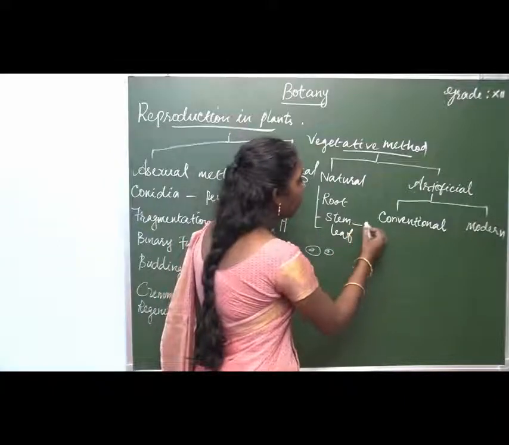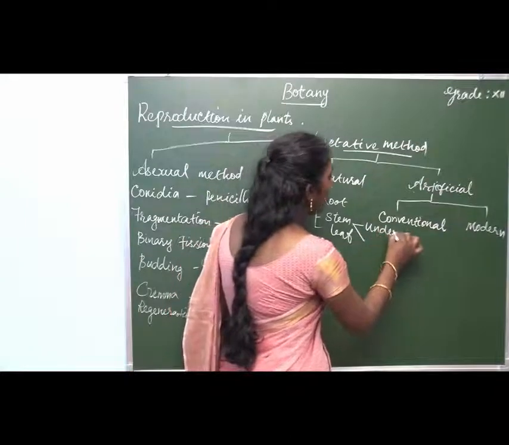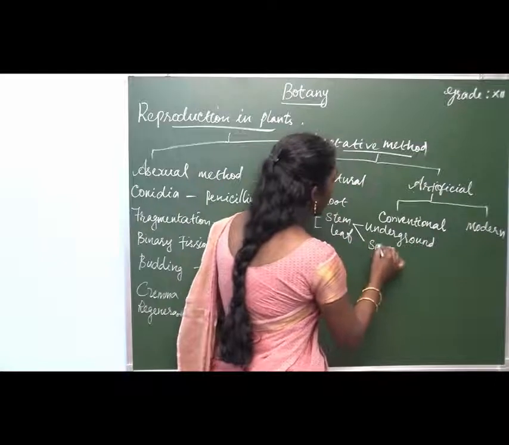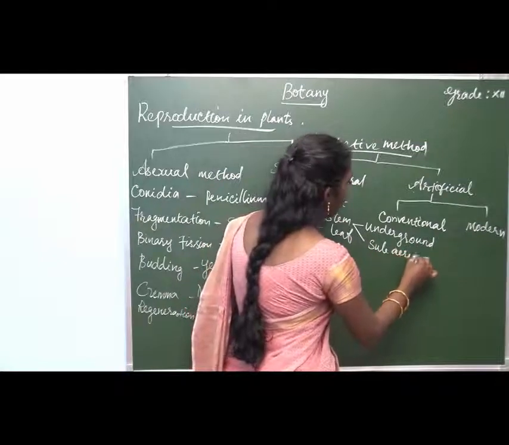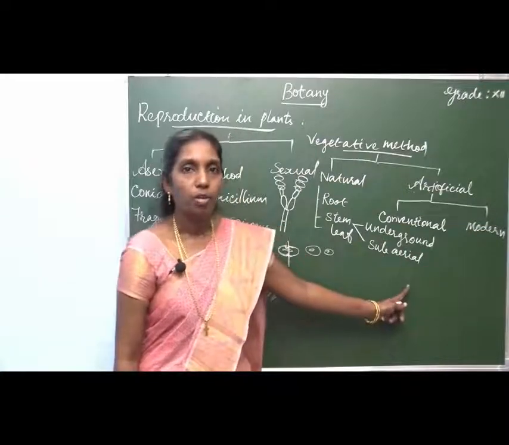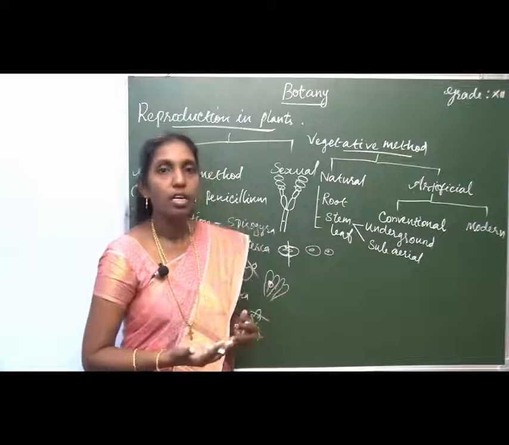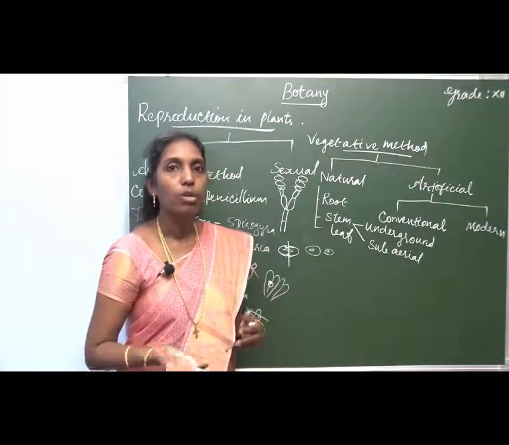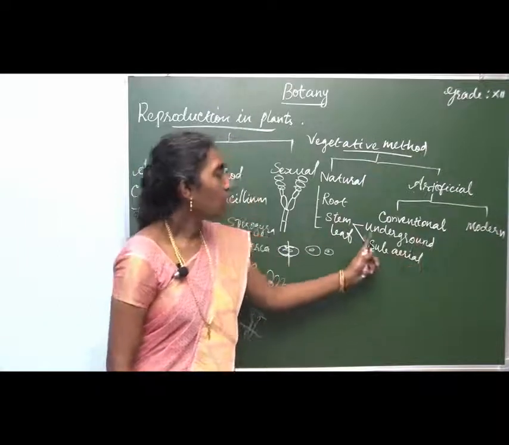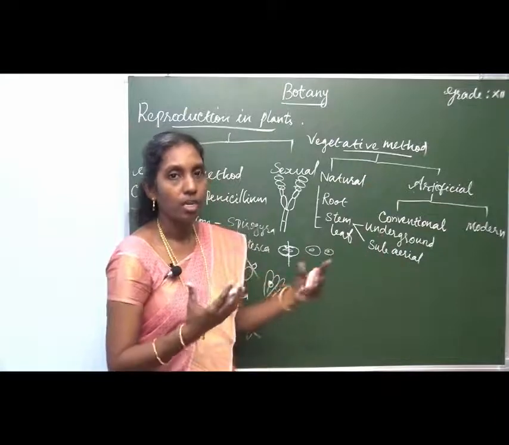In this stem part, there are two types of modification: underground modification and subaerial modification. In underground and subaerial modifications, the stem parts perpetuate as propagules. Certain parts of this are underground.